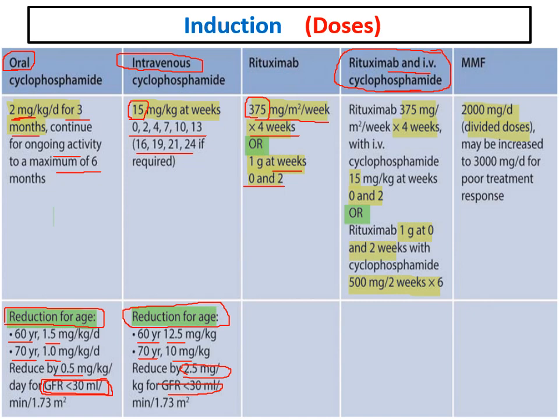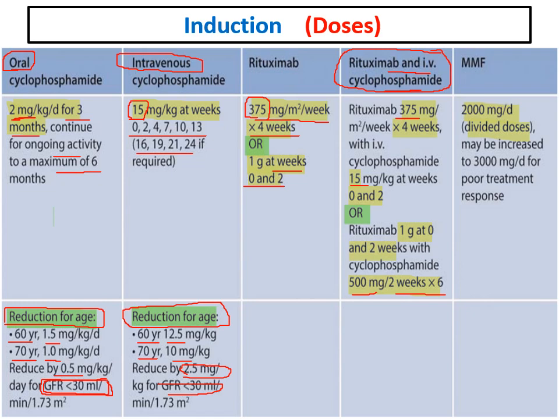In these conditions, the doses will be for rituximab the same as we said here, 375 milligram per square meter weekly for 4 doses, and IV cyclophosphamide 15 milligram per kg at weeks 0 and 2. Or we can give the other regimen for rituximab, 1 gram at week 0 and week 2, combined with IV cyclophosphamide 0.5 gram every 2 weeks for 6 weeks, as we know for the Eurolupus protocol.